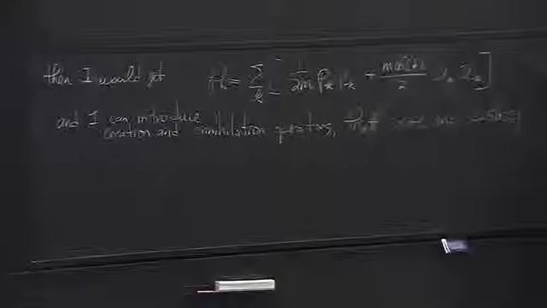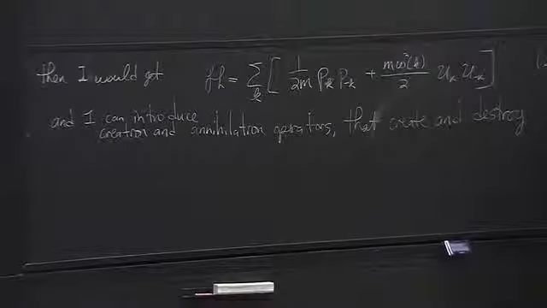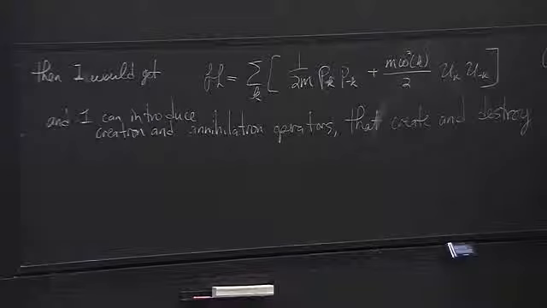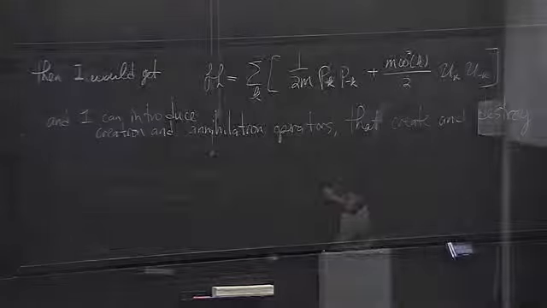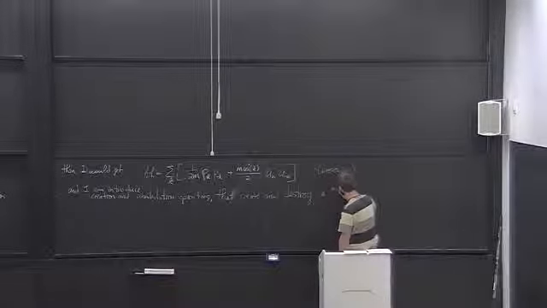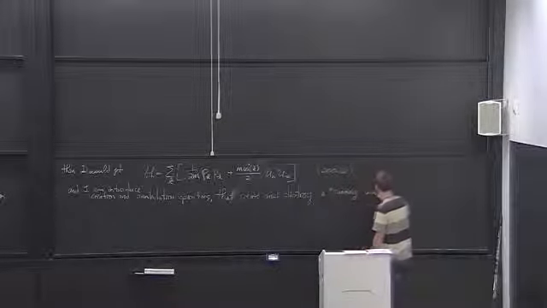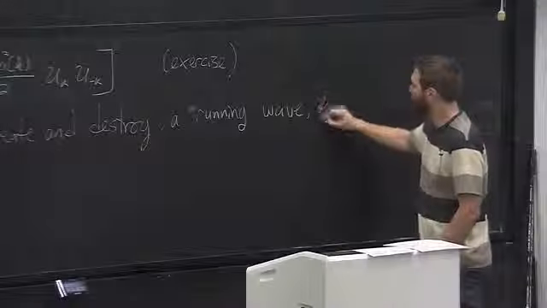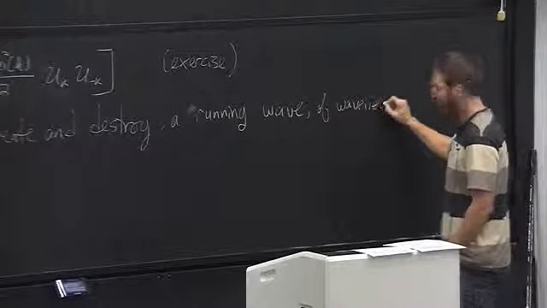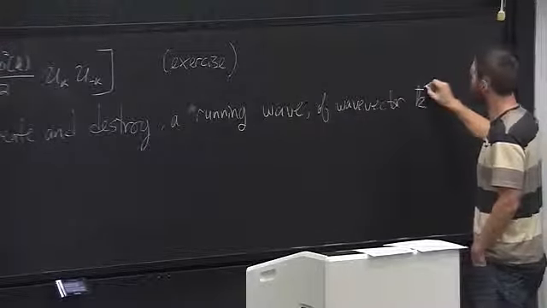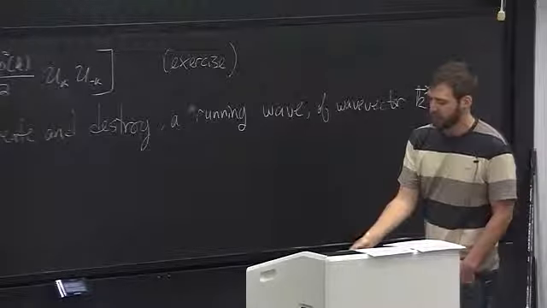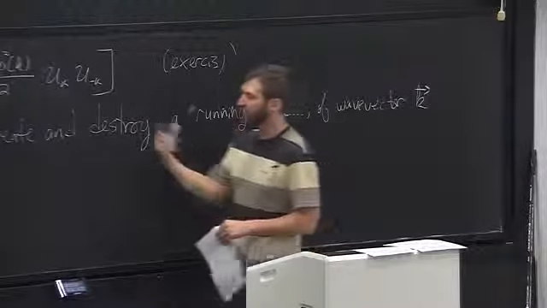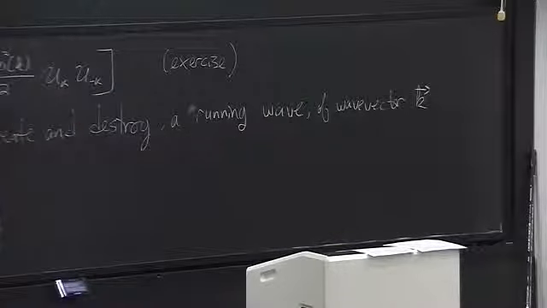So these create and destroy, not an excited state on a real space site, but a running wave, if you will. That running wave will have some momentum k, or some wave vector k. And they're made of linear combinations of U and P. And I guess I won't write that down.